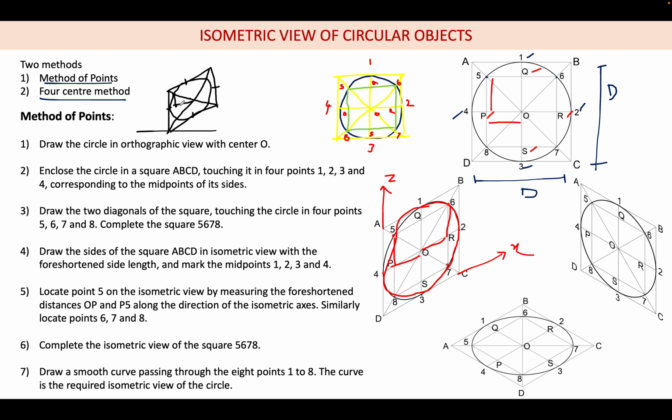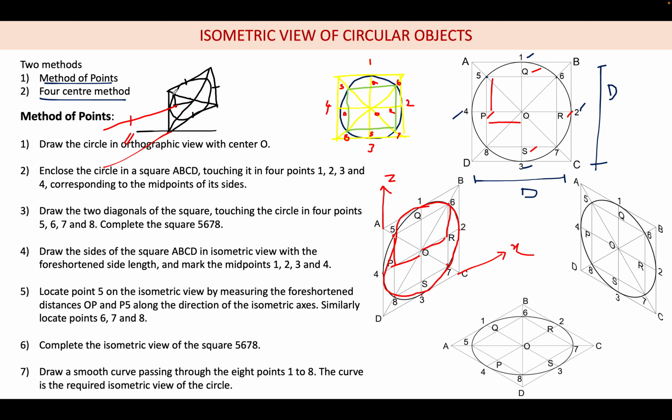If I extend this line like this, both will be parallel to each other. So along this direction I am measuring this OP, and along this direction I am measuring P5.